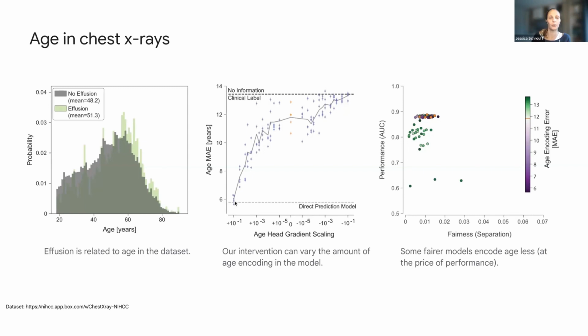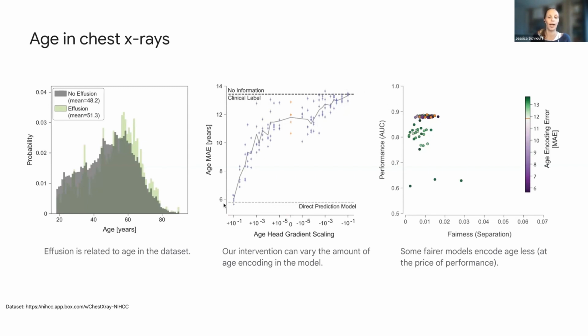That's going to be your lower error bound on age. And then you have this upper bound here, which is basically where you randomize age across your labels. That means there's literally no association.